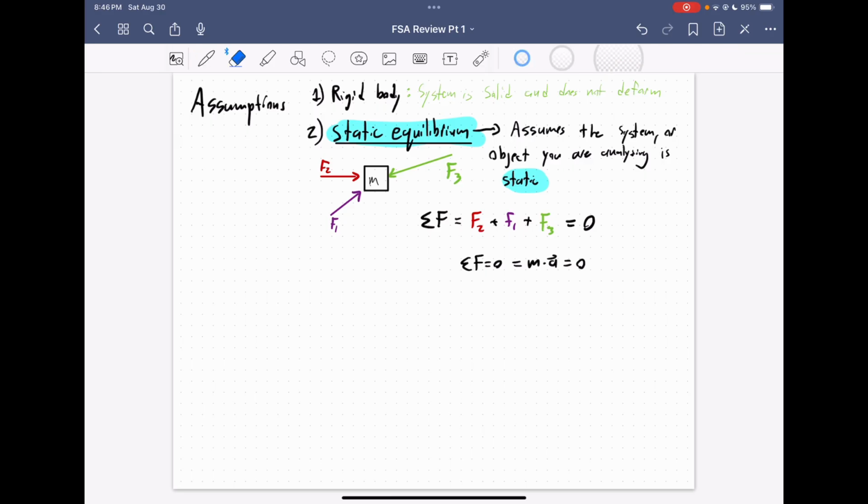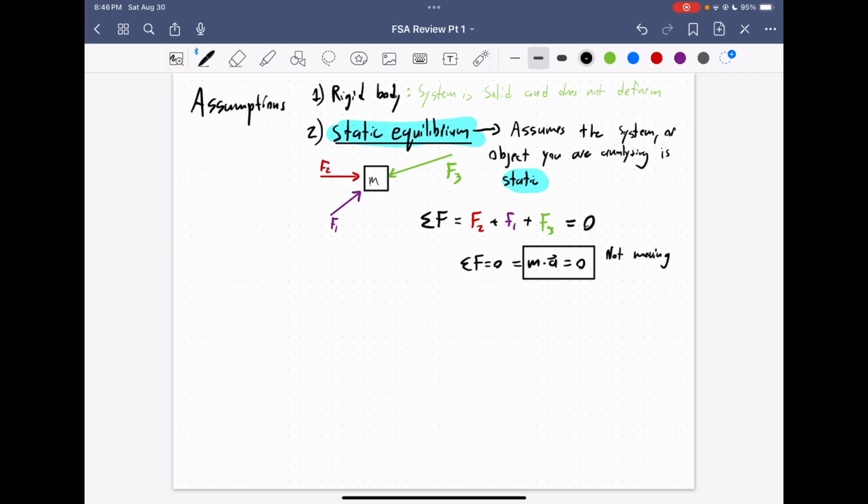Therefore, if it's not accelerating, in this case, we're assuming it's not moving. So in force system analysis, we're assuming it's not accelerating, so it's kind of static in place. Not moving. Right? So the forces are not causing it to move. It could have velocity, but we will not get into that.